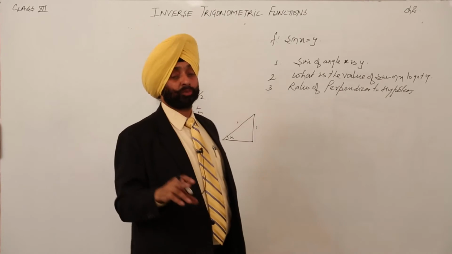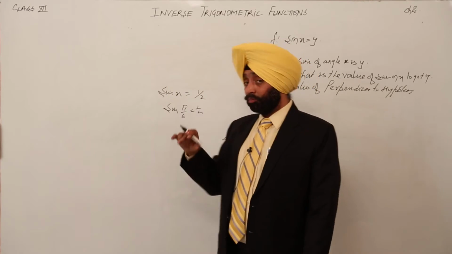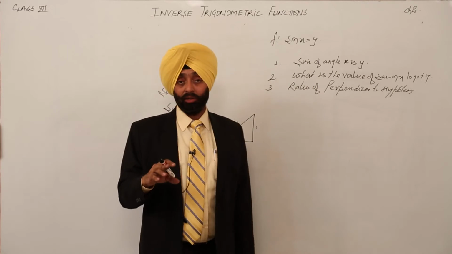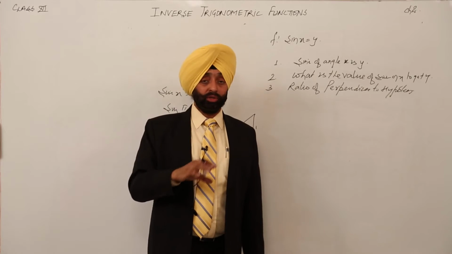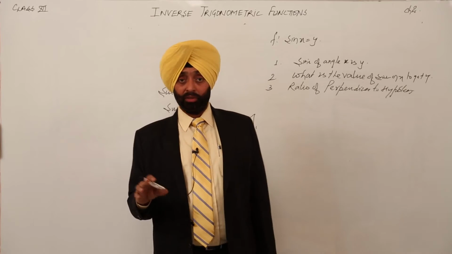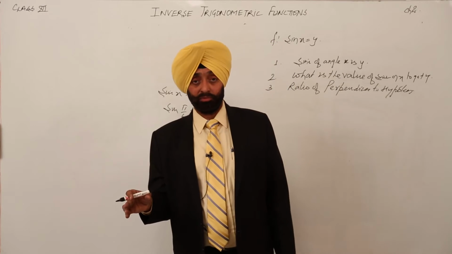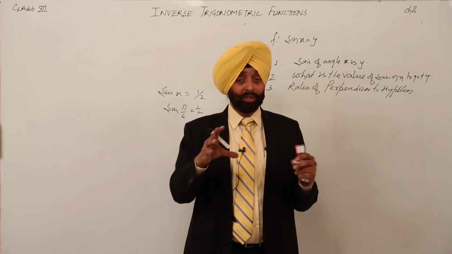Now for the inverse part, remember one thing, don't be confused again. As in the beginning I told you, sin x is never 1-1. Now I am going to show you when it is 1-1 and when it is onto. This is the concept of our chapter.